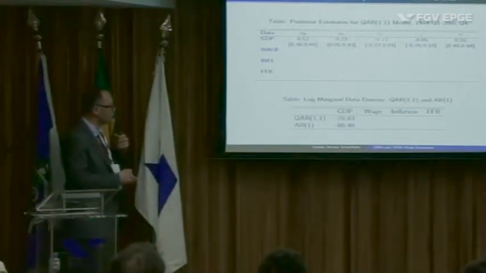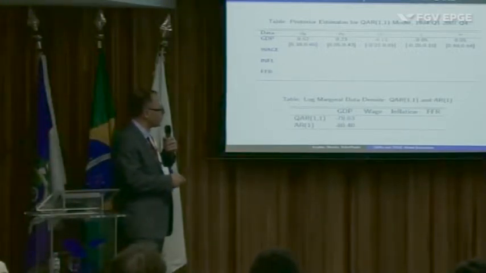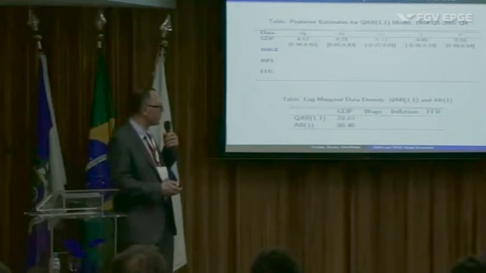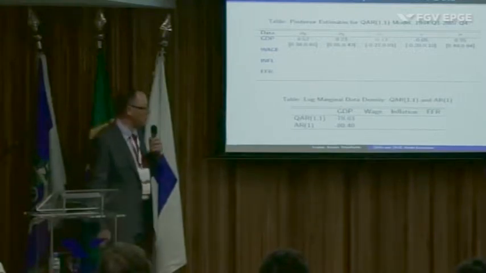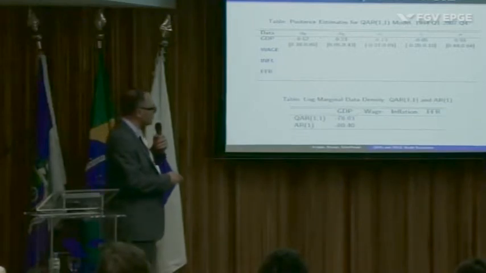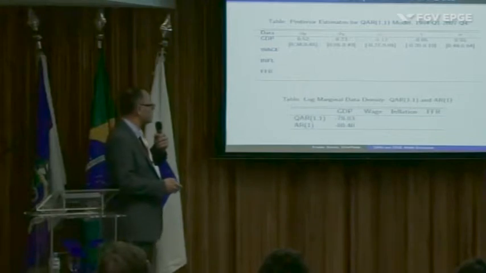So what if we do a posterior odds comparison of the QAR model versus the AR model? There's slight evidence in favor of the QAR model. These are log values, so you think of differences in these as log odds. Something like e to the minus 2 are the odds in favor of the QAR11 versus the AR1. So, quite small actually. There's some evidence of these nonlinearities, but it's not super strong.